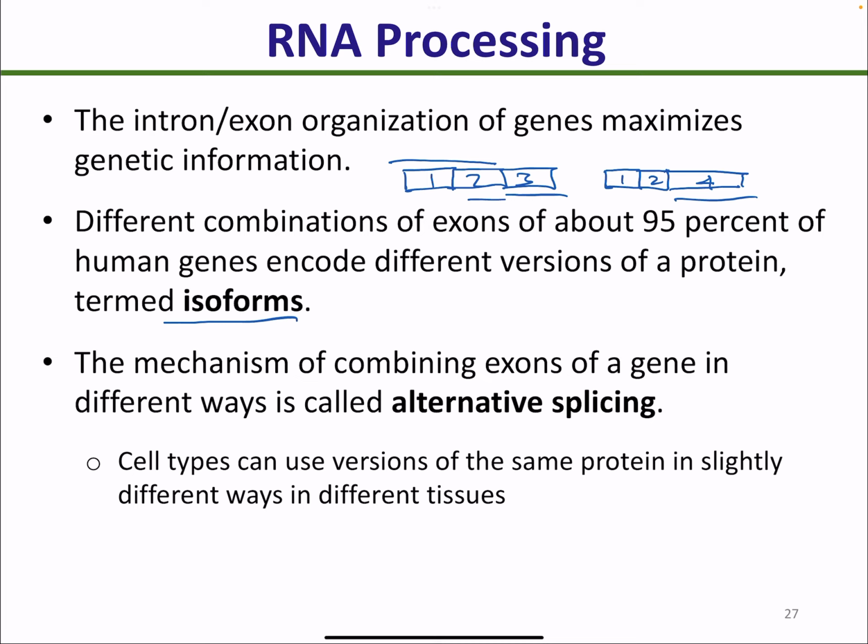And these isoforms are produced by way of alternative splicing. Okay? So the same gene is going to give different types of proteins. It's amazing how the body works. Really amazing.